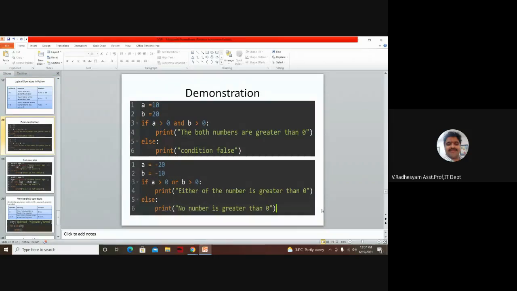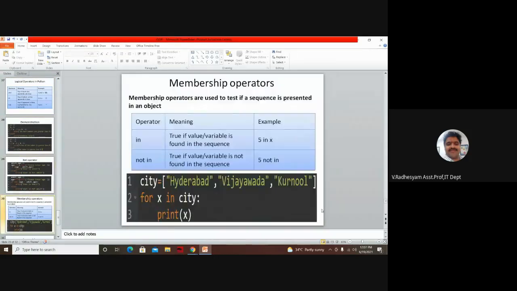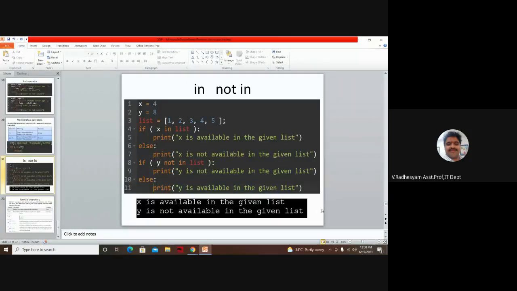Yeah, this is an example on that. This is the not operator. What about in and not in? They do not exist in C programming. Yes, good. Membership operators test whether a sequence is present in an object or not. This is an example program, in and not in.